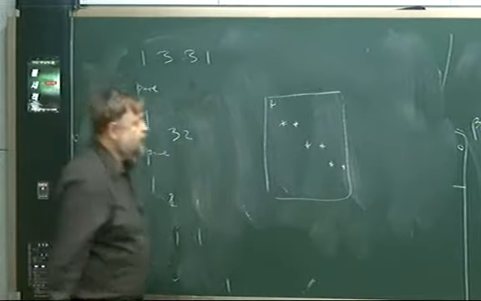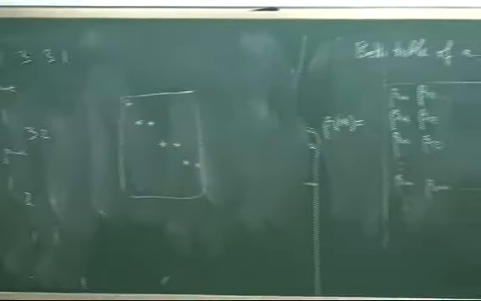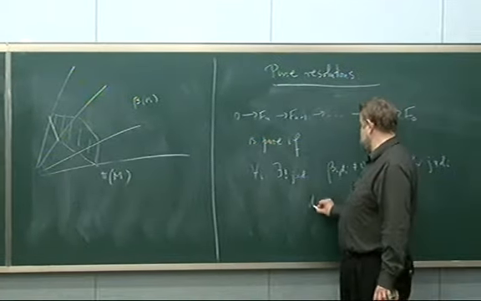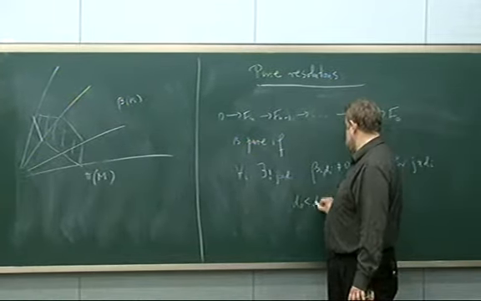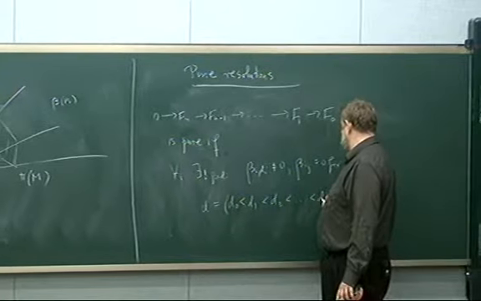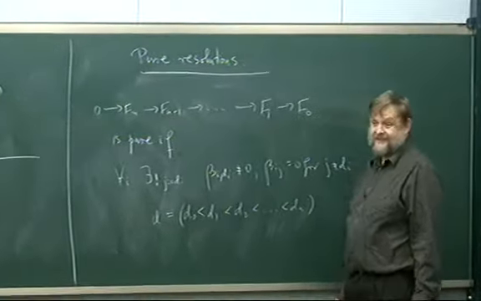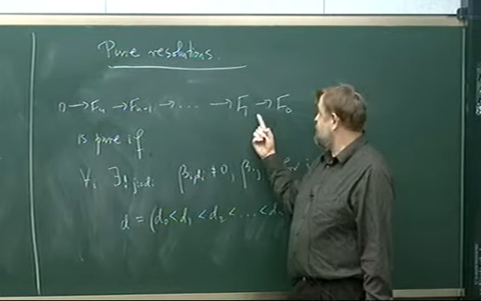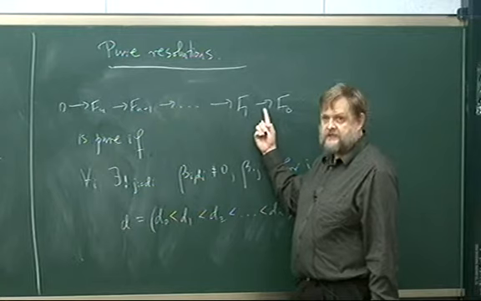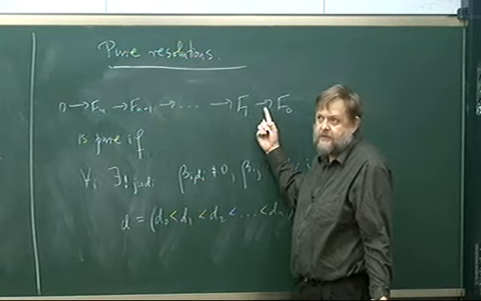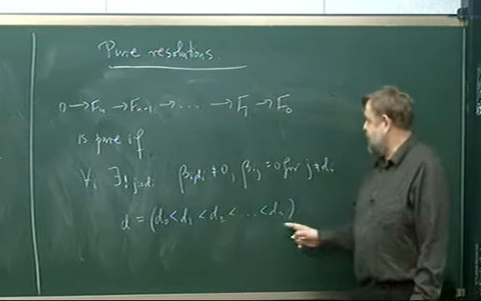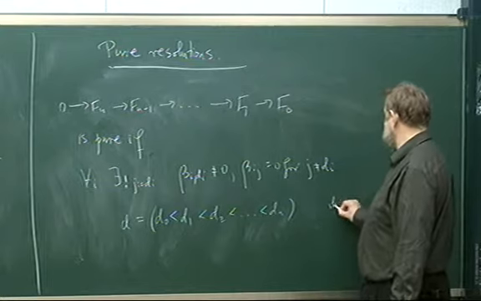And of course now for such a pure resolution, I have the sequence of d_i's, which I call d, the sequence of degrees. I would like you to notice that these degrees have to be increasing, because, remember, the resolution has to be minimal. So the entries of matrices will have to be all of 1 degree because the resolution is pure, but they are of positive degree, so therefore the degrees are increasing. So these are degree shifts.